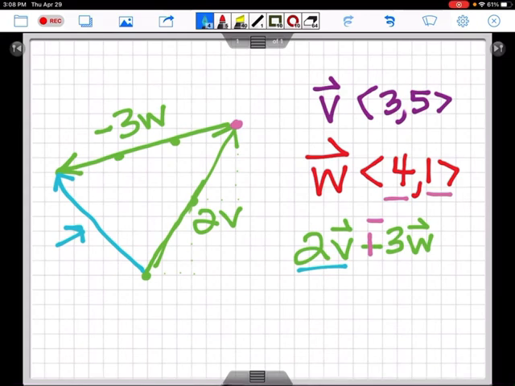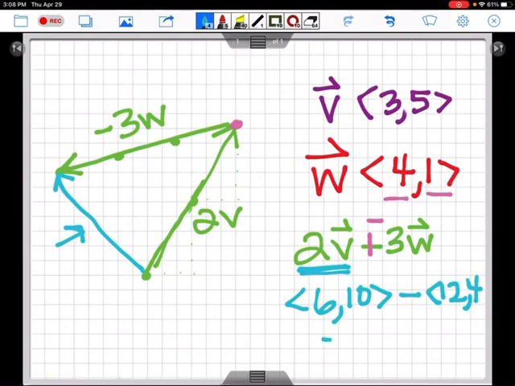You can totally do this in component form over here. You could just say, well, 2v would be 6, 10. And if I need to subtract 3w, that would be 12 and 4. And if I subtract those, I get -6, +6, because I'm going 6 minus 12 and 10 minus 4.